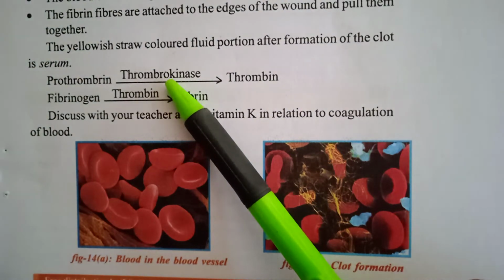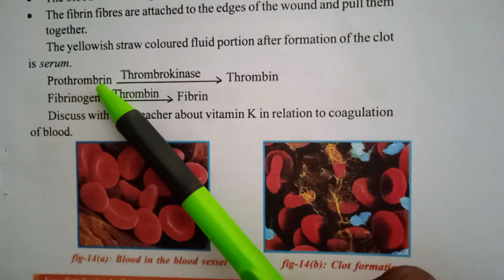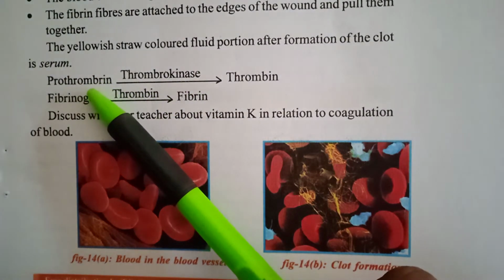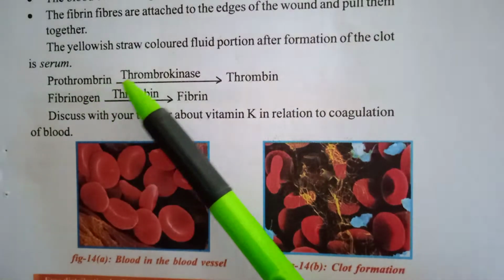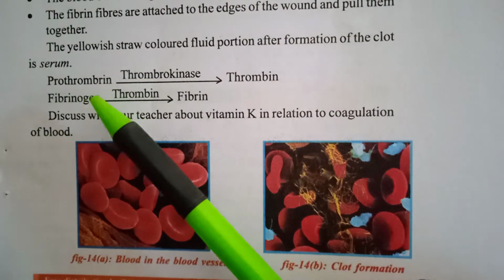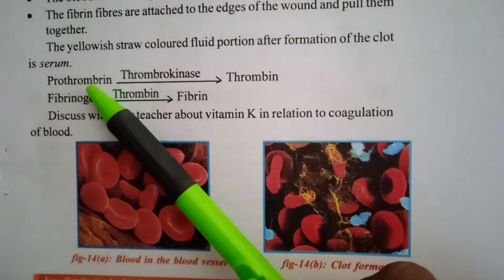Thrombokinase acts on a substance present in the blood called prothrombin.